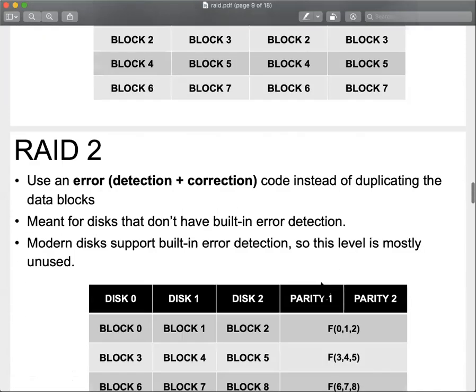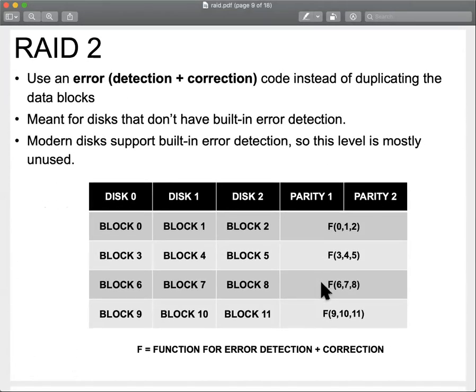We briefly discussed RAID 2, which was meant to address that problem, that you didn't want to set aside half the capacity. Instead, we want to compute some checksum or parity information. That parity information could tell us whether there is any error in the data and how to recover from it.